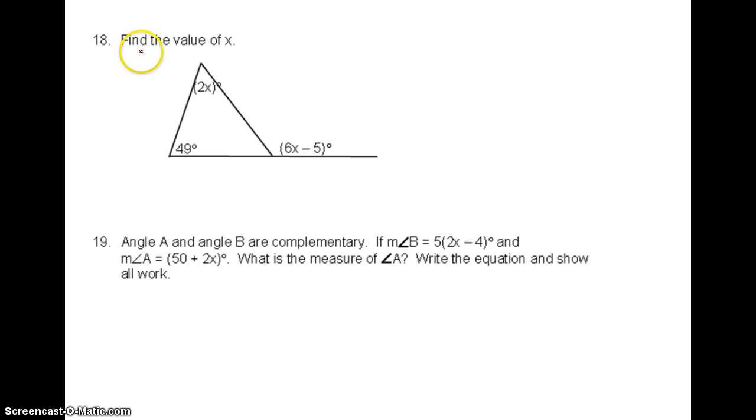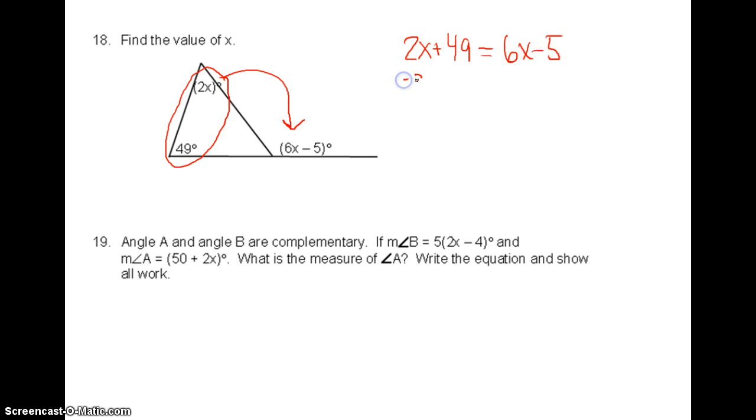Okay, 18, we're also supposed to find the value of x. Again, this is an exterior angle. These are remote interior. These two together are going to add up to this one out here. So 2x plus 49 equals 6x minus 5. Get x on one side. 49 equals 4x minus 5.